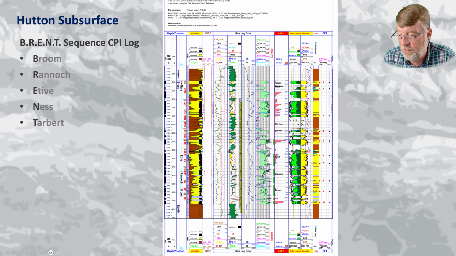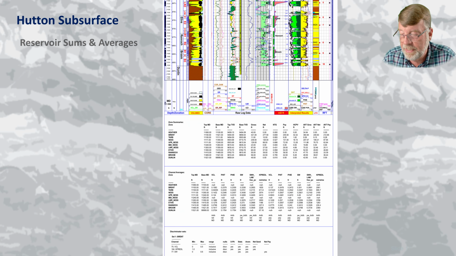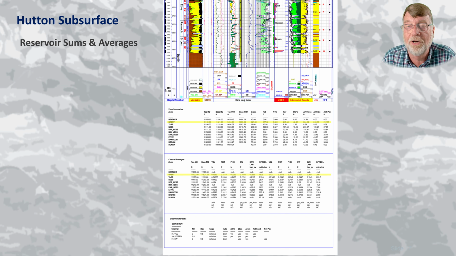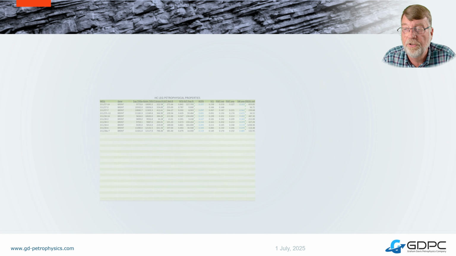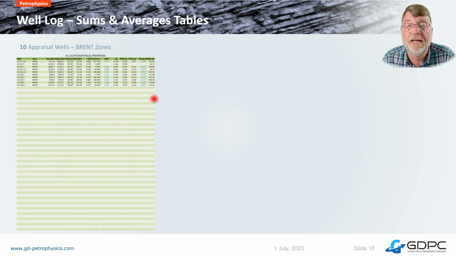And what I'm going to do here is I'm going to have a look at the sums and averages on the bottom of these spreadsheets of these CPIs, and we're going to just take this Brent formation. So the whole lot. I'm going to take all these Brent averages from the first 10 appraisal wells.